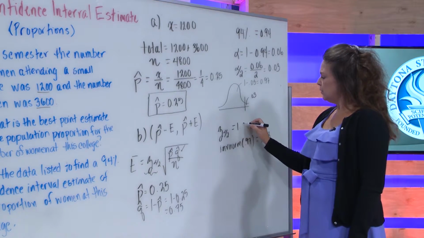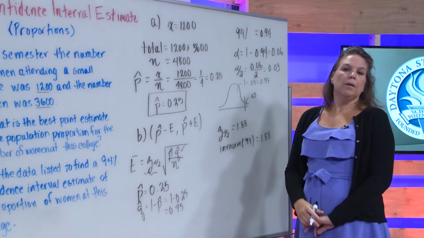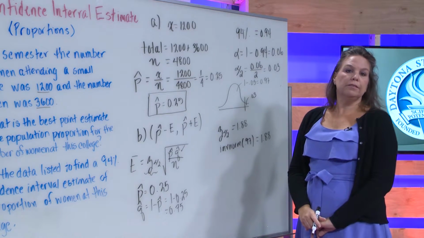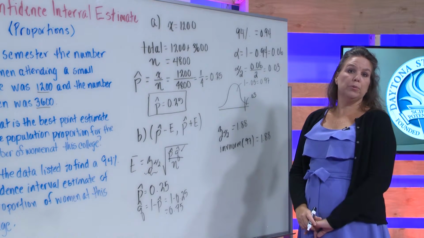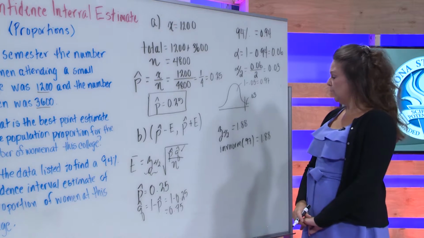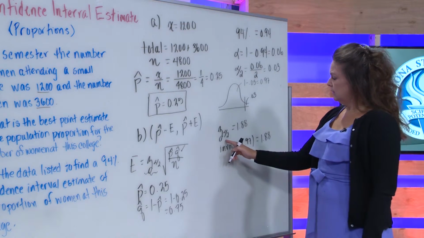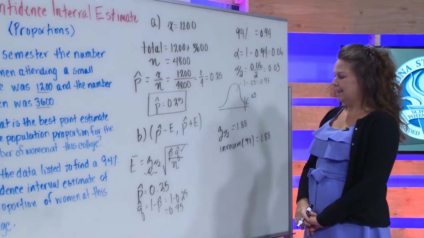If I'm working this problem on the calculator, I'm going to hold off rounding until the very end of the problem, but for the purpose of the video, I wrote the critical value to 2 decimal places. So Z alpha over 2 is equal to 1.88.